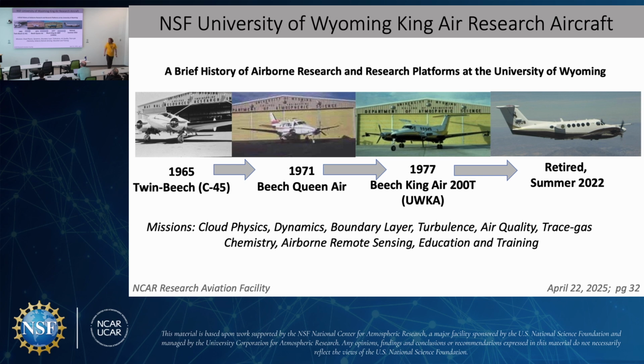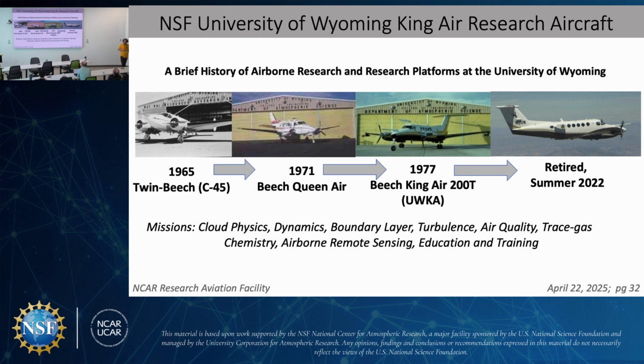We started with a C-45, which was replaced in the early 1970s by a Queen Air, and then replaced in 1977 by a B-200T King Air aircraft, which we operated for 45 years until that aircraft was retired in the summer of 2022.